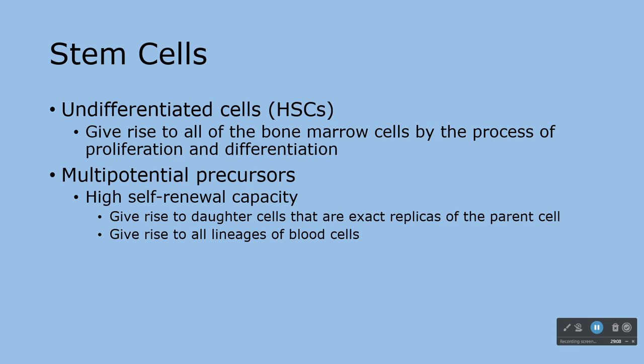Okay. Stem cells. All right. Undifferentiated cells, hematopoietic stem cells, that's what they're called, they give rise to all bone marrow cells by the process of proliferation and differentiation. All right. So, what happens is these guys never commit.